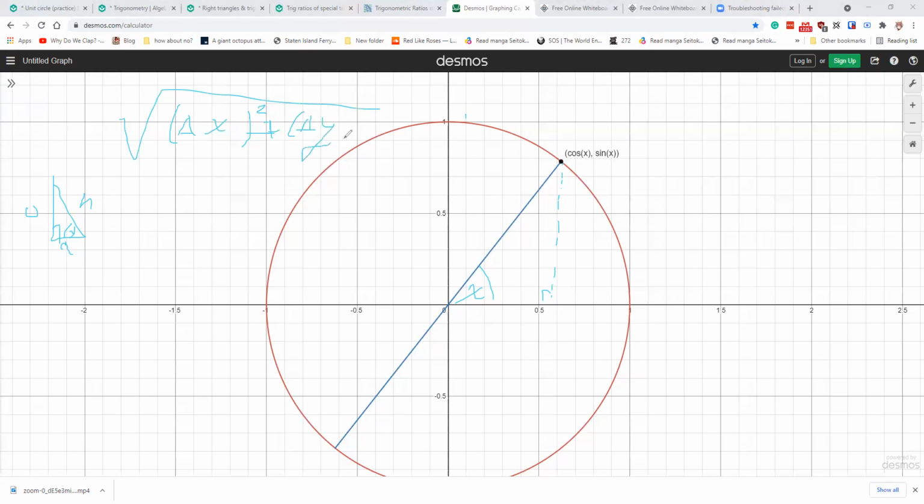So what is the difference between the x-coordinate here and the x-coordinate here? Well, that's going to be cosine of x minus 0, squared. What's the difference between the y-coordinate here and the y-coordinate here? That's going to be sine of x minus 0.